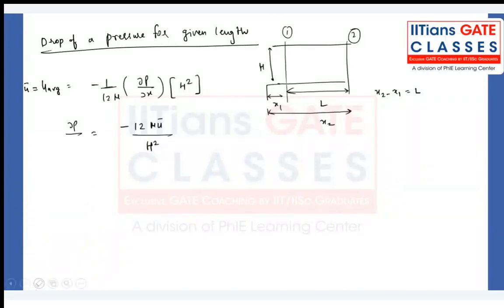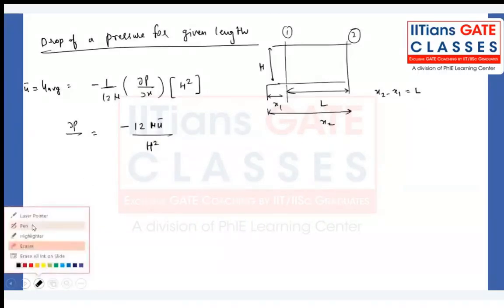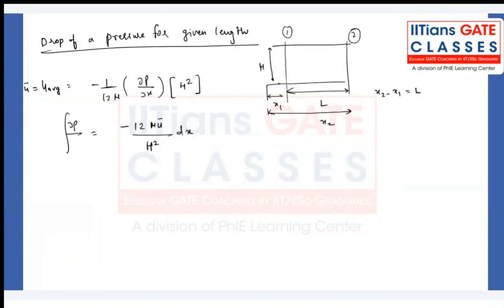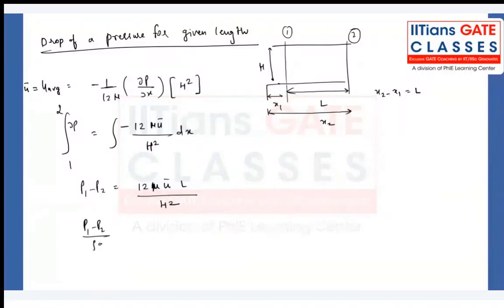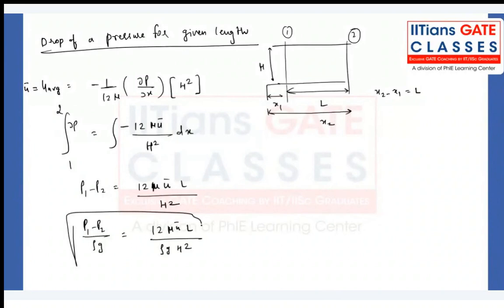Here we can write dp by dx, and I can do the integration from 1 to 2. So I will get p1 minus p2 equal to 12 mu u bar L divided by H square. If I write it in terms of head loss, 12 mu u bar L divided by rho g capital H square.